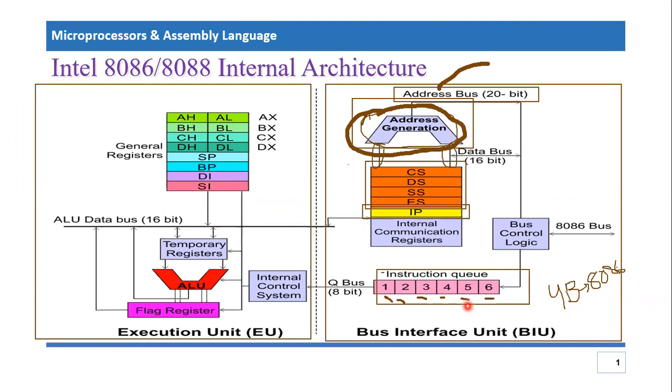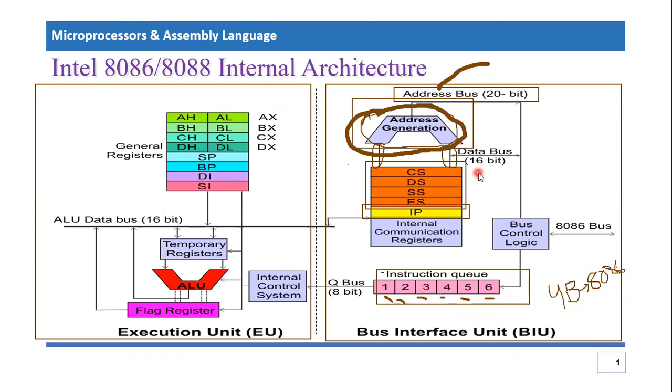You know that it is a 16-bit processor, so at a time 2 bytes will be fetched. So the bus interface unit will wait for the instruction queue to be empty by at least 16 bits, that means 2 bytes, so that it will start fetching again.